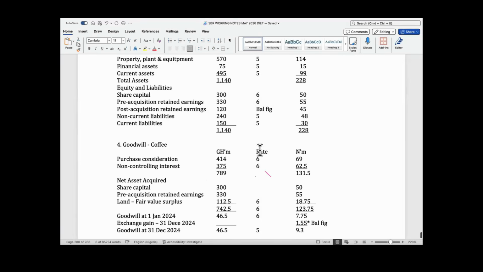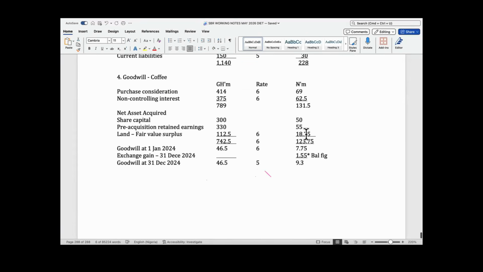But in this case now, the value of our land at the end of the year will not be 18.75. It won't, because this is a translated figure in the books of coffee, and we translated it at the date of acquisition when we realized it. So the value of land 18.75 is fine. But at the end of the year, the value of the land will have gone up.